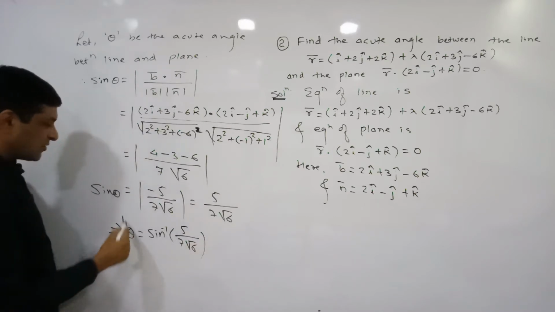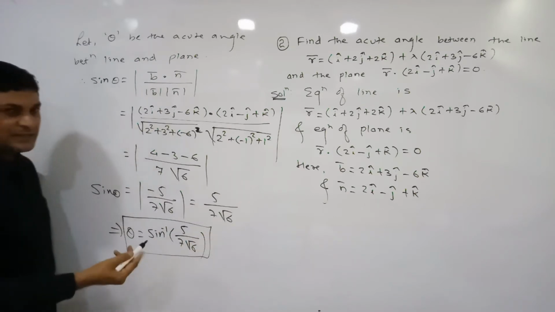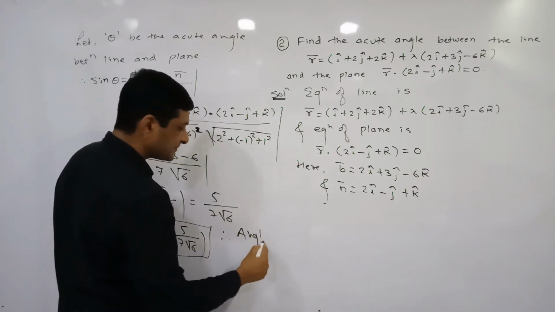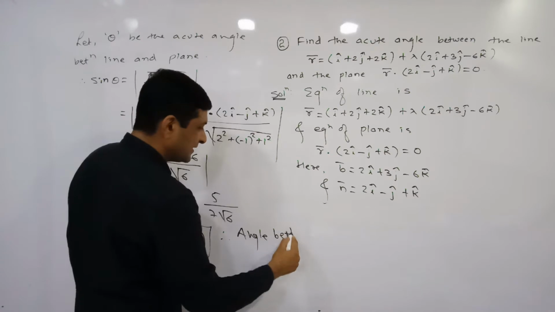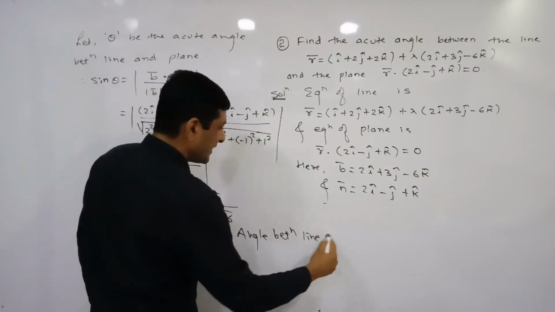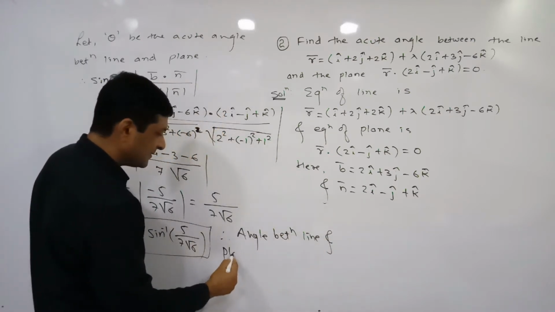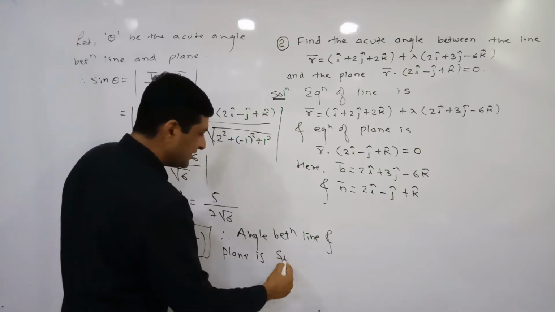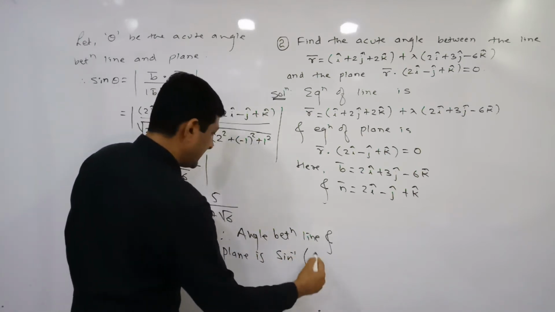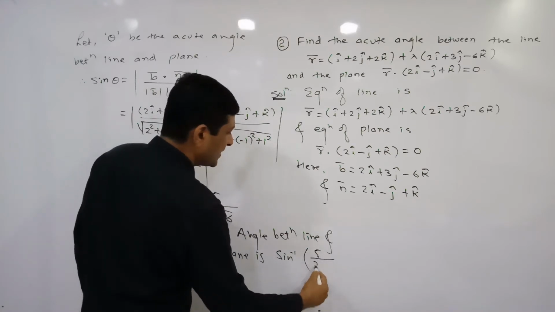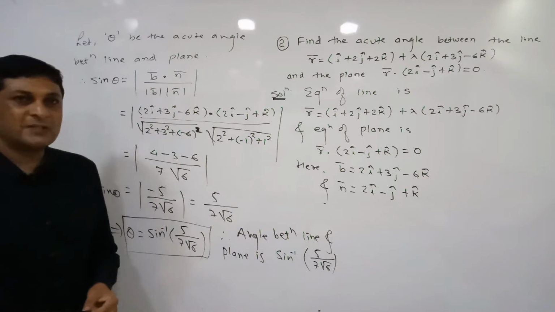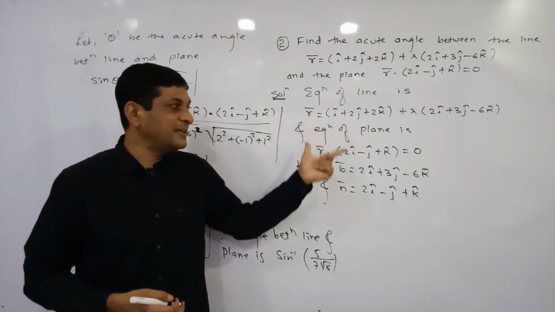In this way, we have got the value of theta. Therefore, the angle between line and plane is sine inverse of 5 upon 7 root 6. In this way, we have got the angle between this line and this plane.